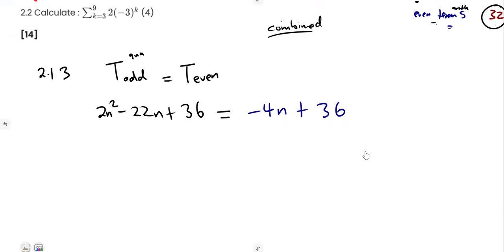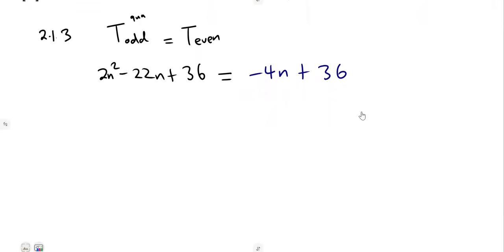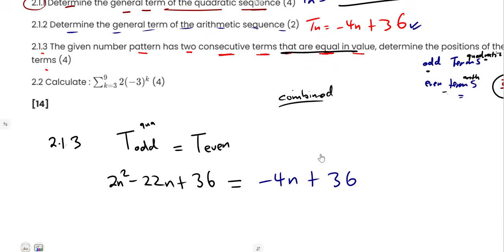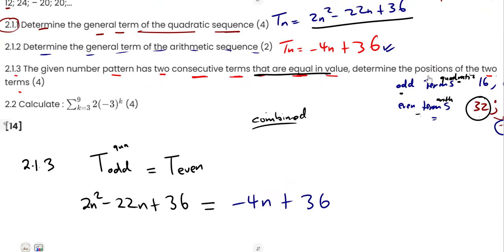Here, we are not solving for the position. We are solving for the n that will give us the position. Take note here, they said, determine the positions of the two terms. So the n that we have here is the n that will tell us the position.